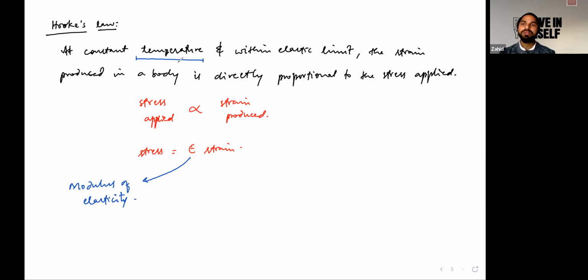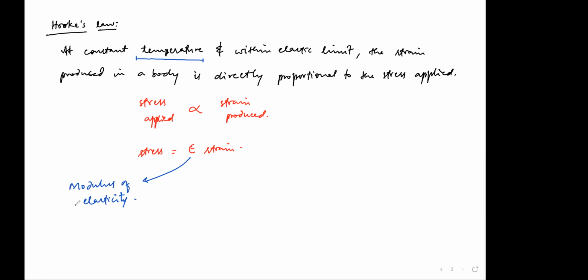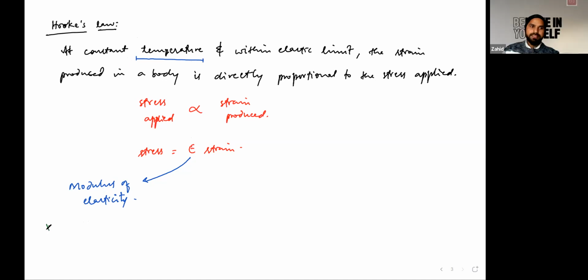So it will lose its ability of elasticity or elastic behavior. So this modulus of elasticity E would vary with change in temperature. So Hooke's law may not be valid in that case. That's why we take the temperature as constant. Is it clear? Yes, sir.